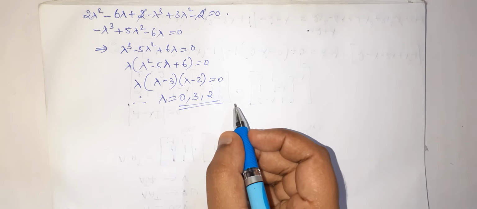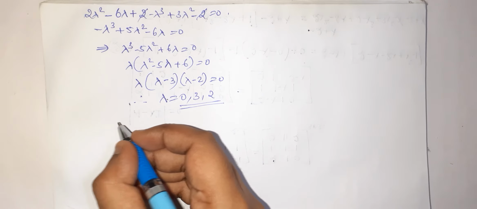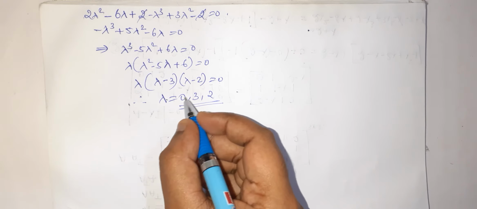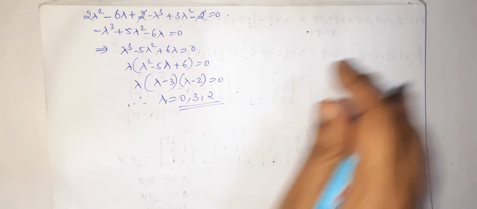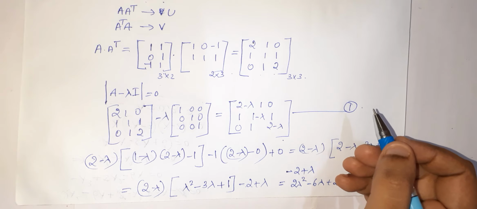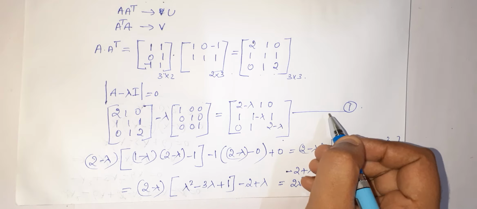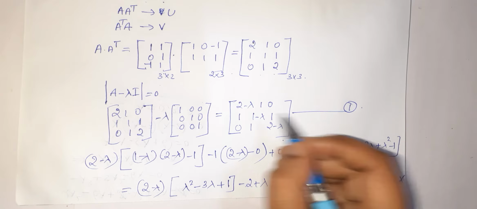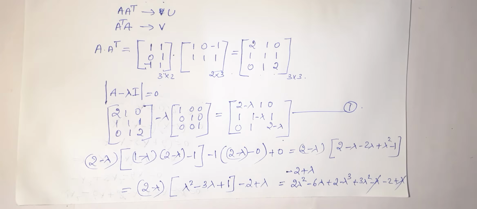Next we have to find the eigenvectors. Therefore, substitute each of the eigenvalues obtained in the characteristic equation, equation 1, in place of lambda.